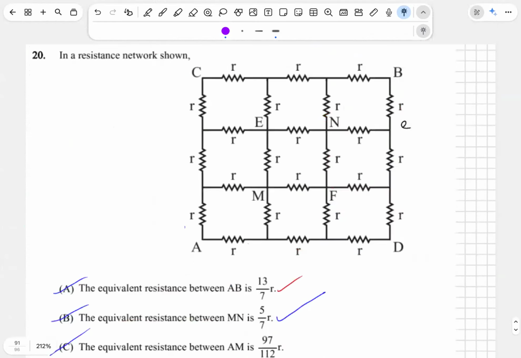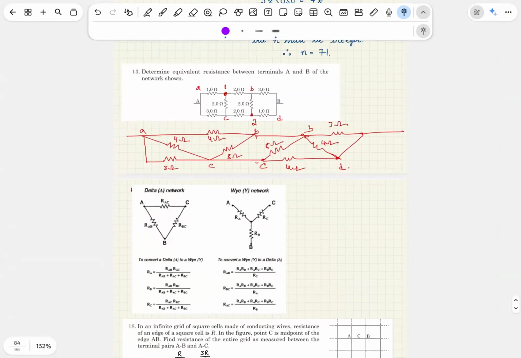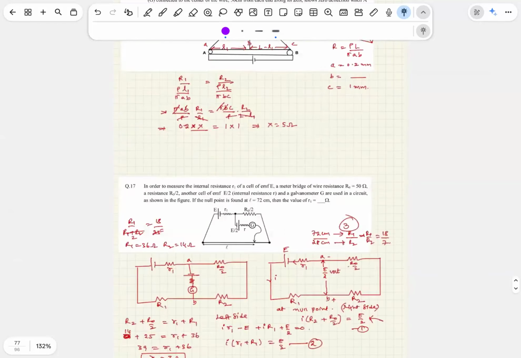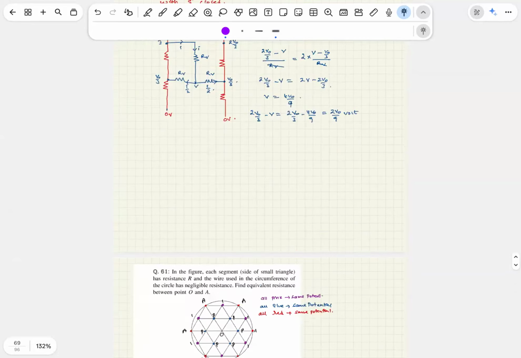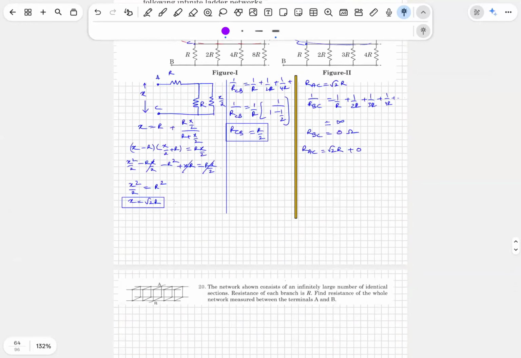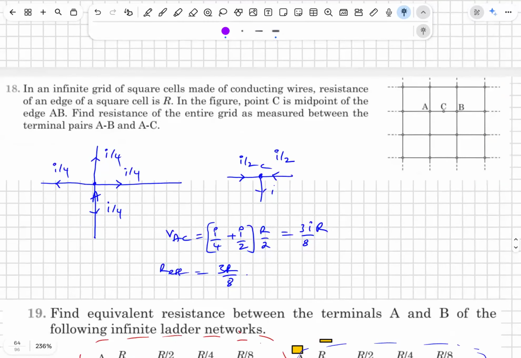Same model is there. Go through this question. We already did this question.